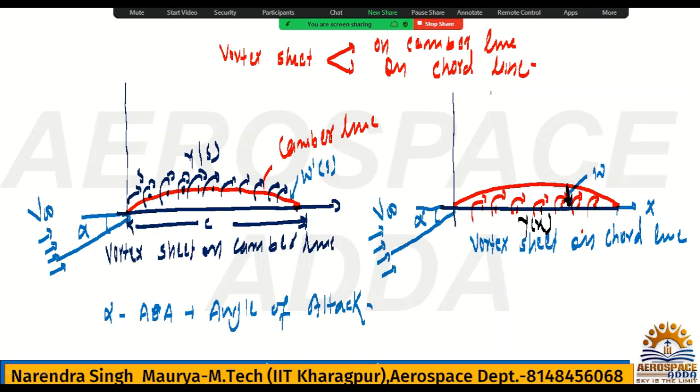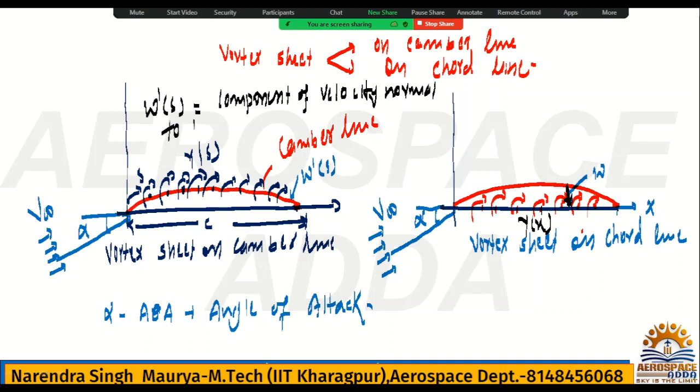So I can write here w dash s, the normal velocity component. W dash is the component of velocity normal to the camber line.